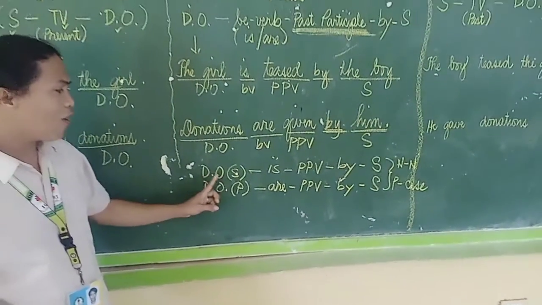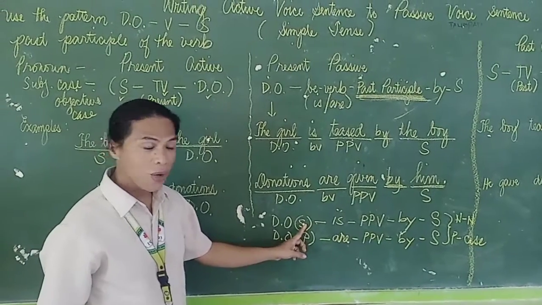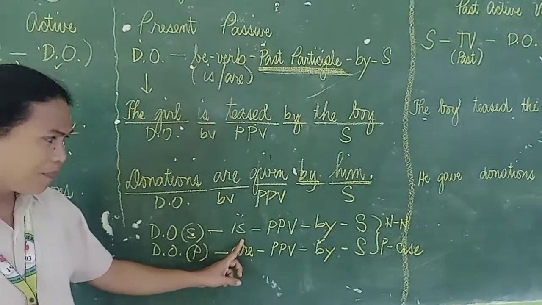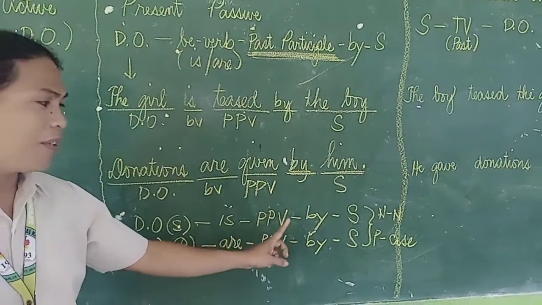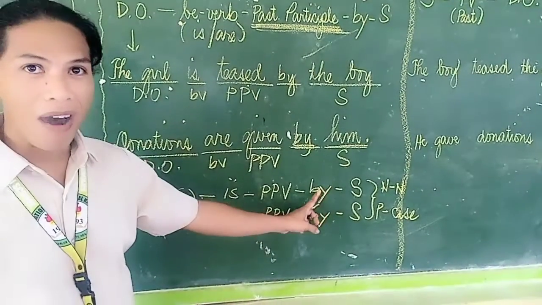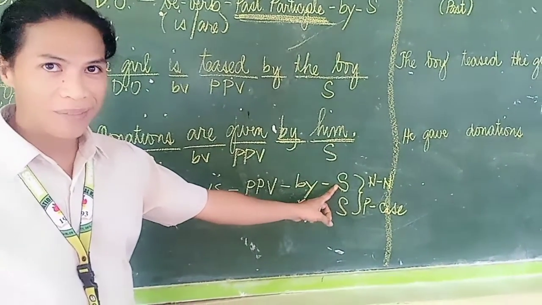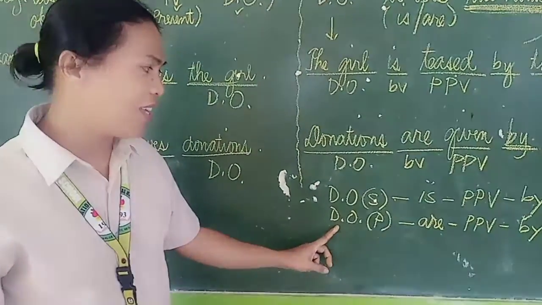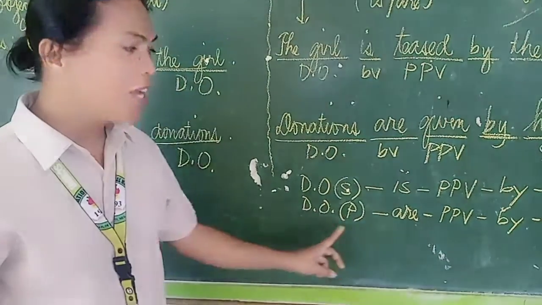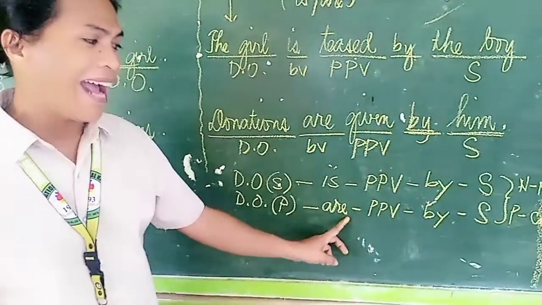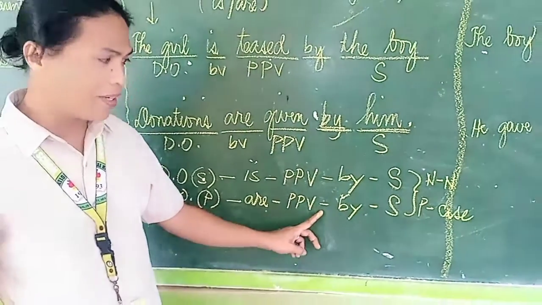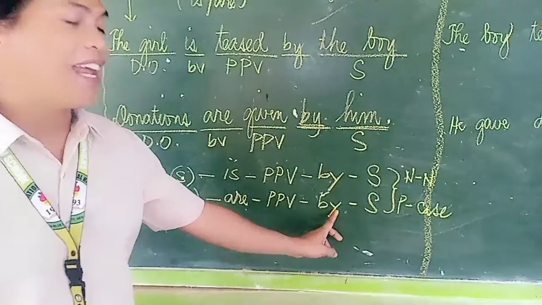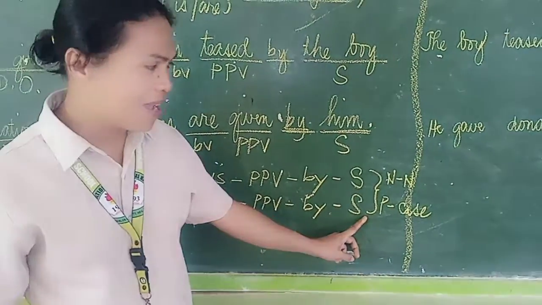If your direct object is singular, we have is, then the past participle of the verb, and then by, and then the subject. Next, if your direct object is plural, use the be verb are, and then the past participle of the verb, and then by, and then we have your subject.